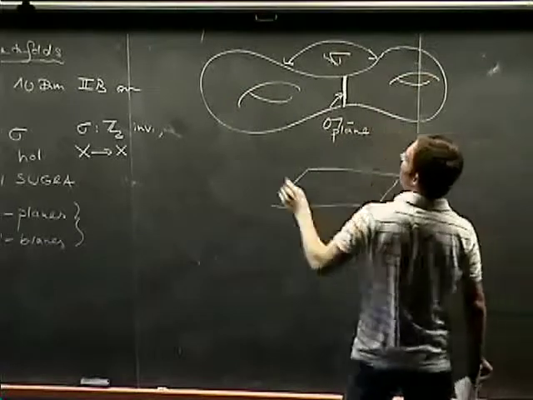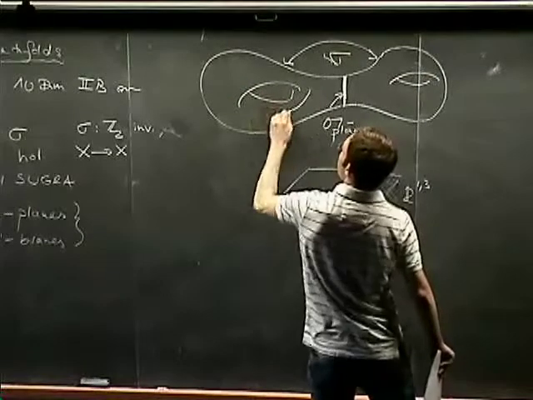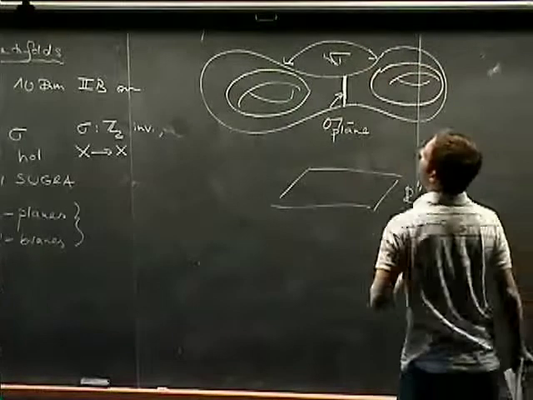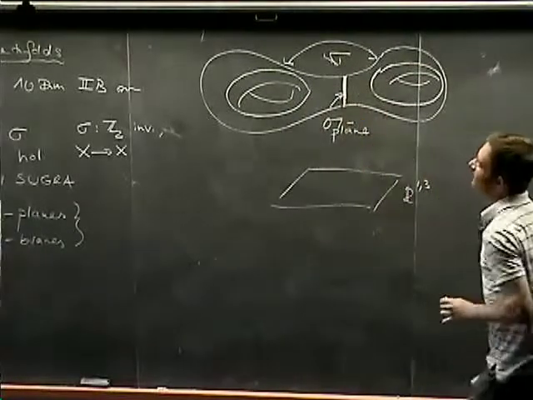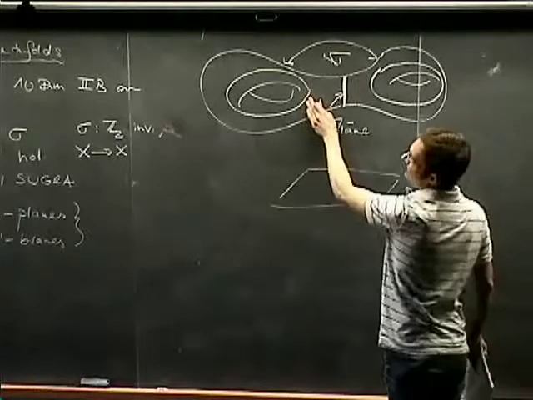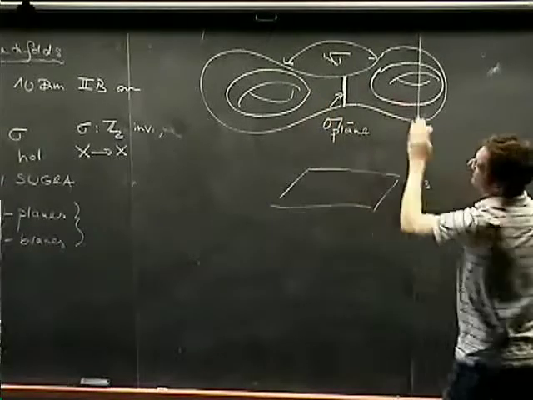And then our D7 branes wrap various cycles on both sides. In particular, to be symmetric under this involution, we need to take into account not only a cycle, but also the cycle image.